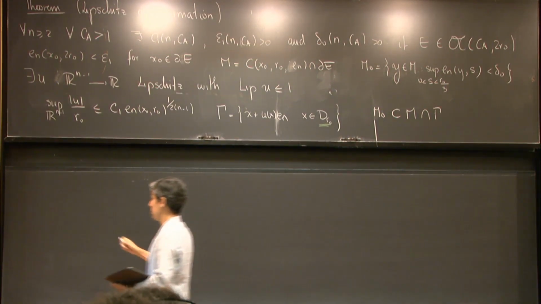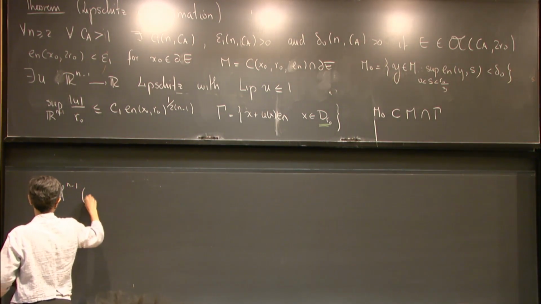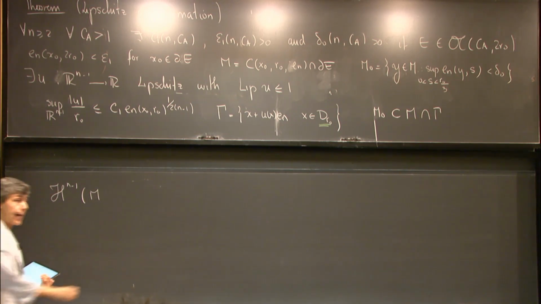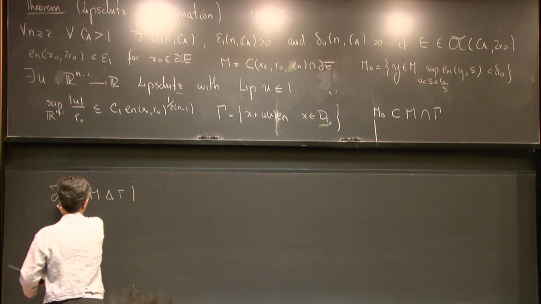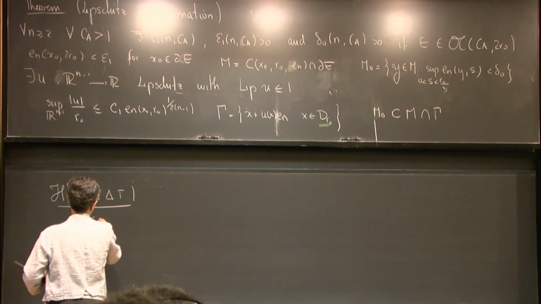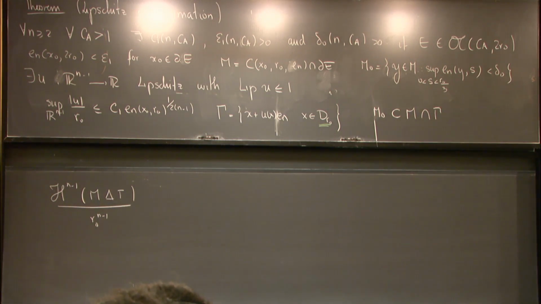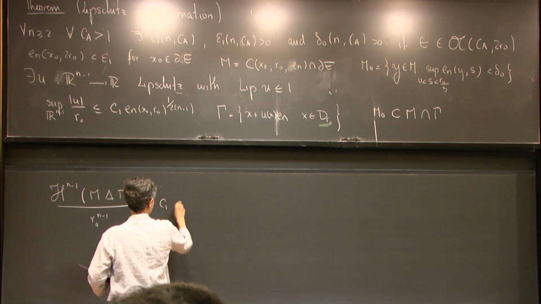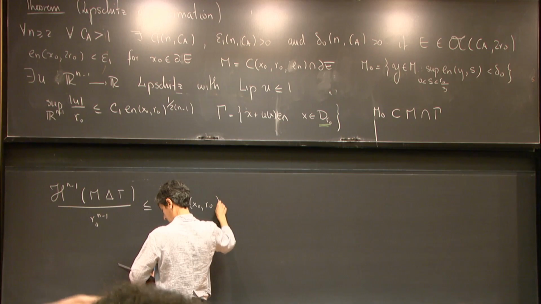And moreover, the difference between the set M, which I chose, and the graph over, remember, they all live over R0, in a cylinder of radius R0, this thing is less than C1 En of x naught R naught.